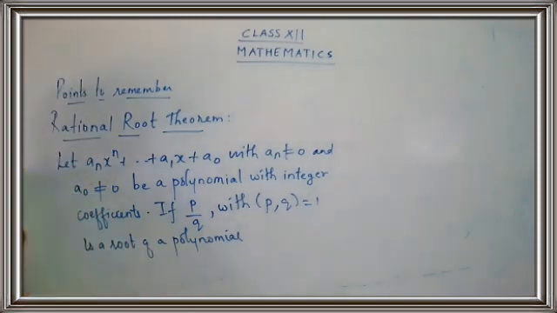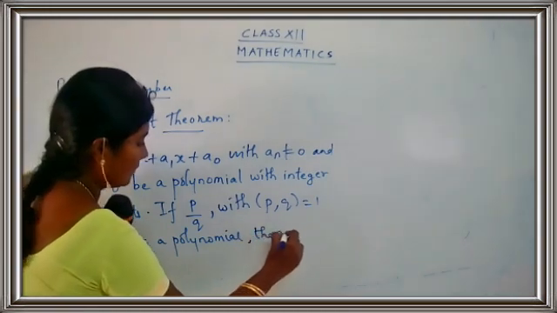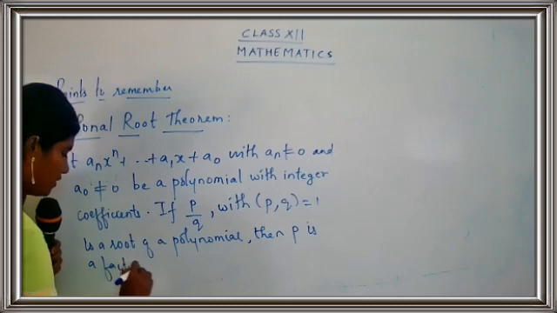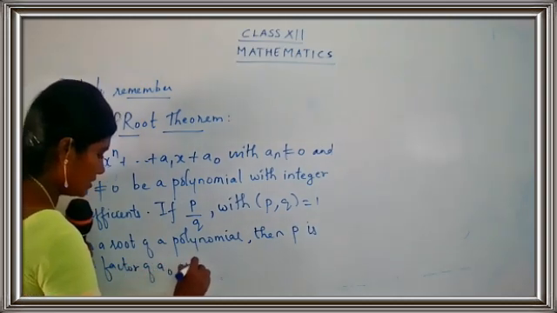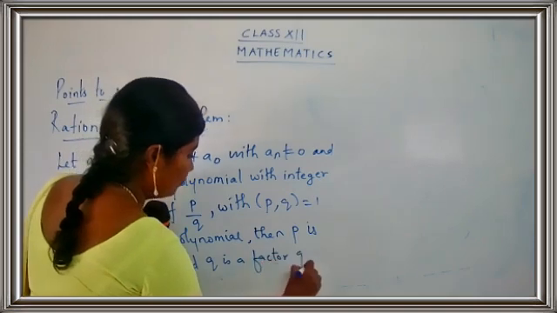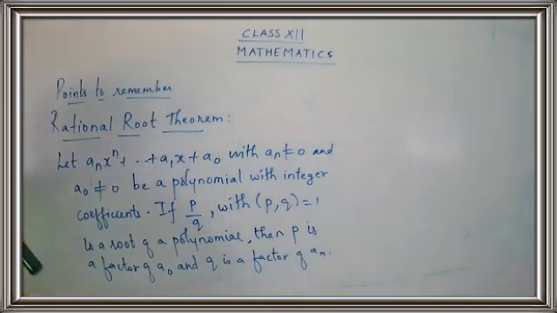Suppose you have such a condition and you say that p by q is a root of the polynomial. Then p is a factor of a_0 and q is a factor of a_n. So what do you get here? p is a factor of a_0 and q is a factor of a_n.